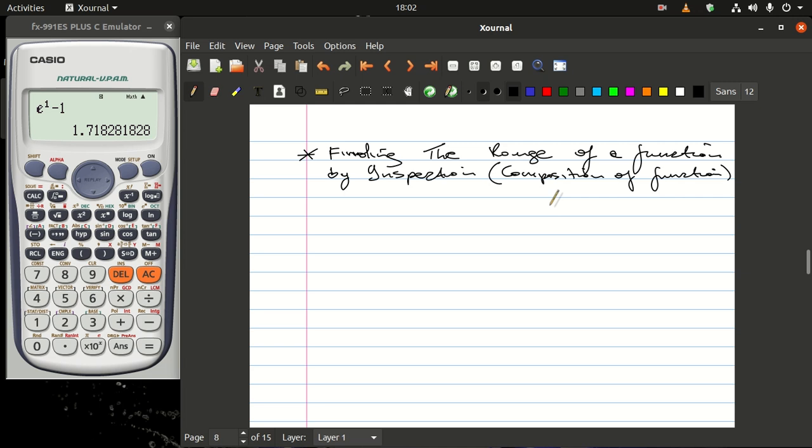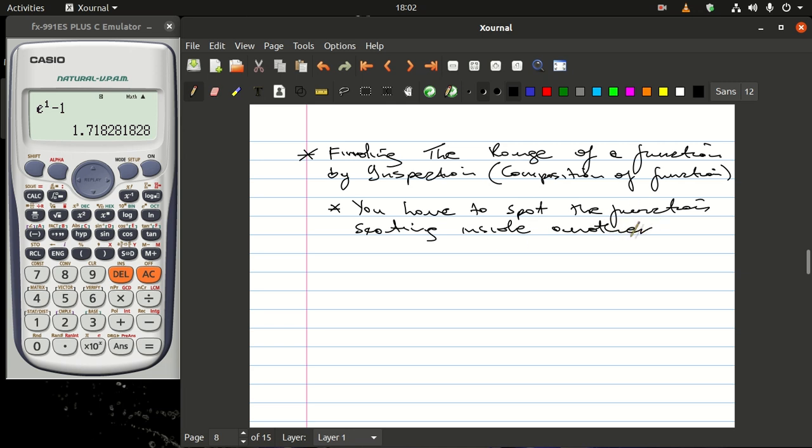Now, how do we actually use this? First thing, you have to spot the function sitting inside another function, and let it be g of x.